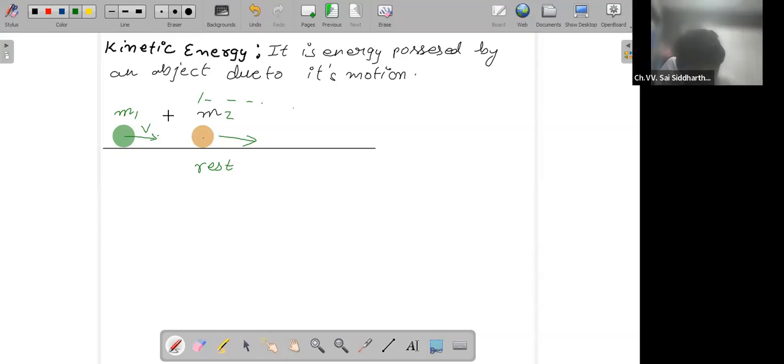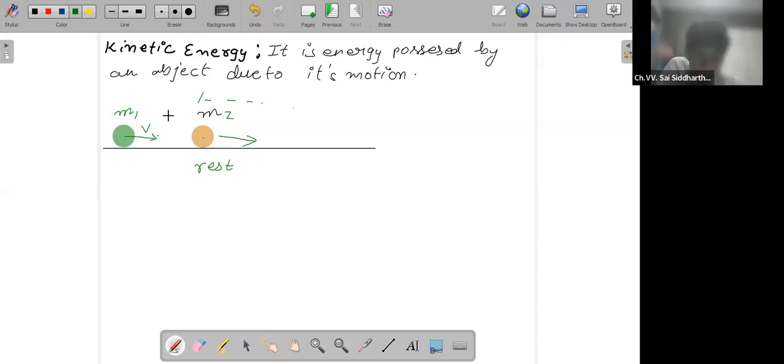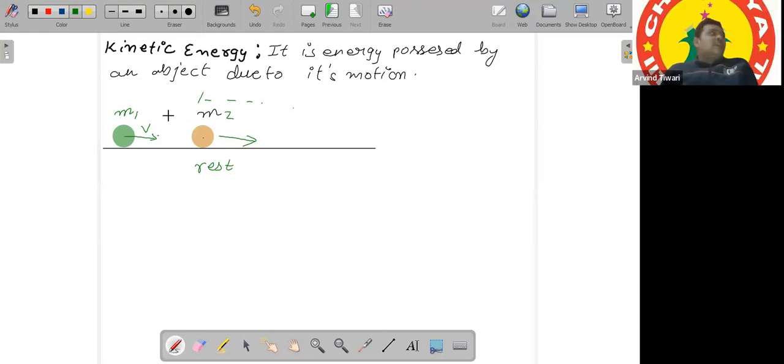Sir, the window will break. The window will break. So can I say that some work has been done by the moving ball? Yes, some work has been done by the moving ball. So a moving object has an energy, and that energy is measured by its motion.